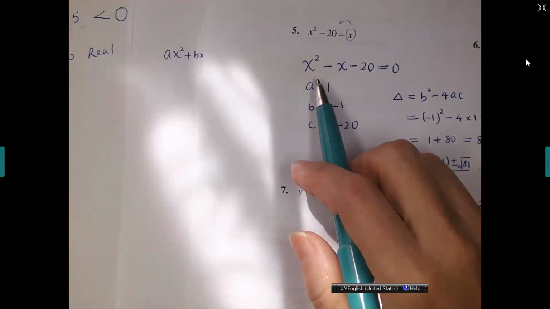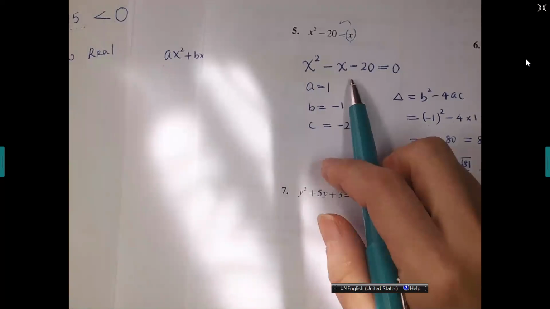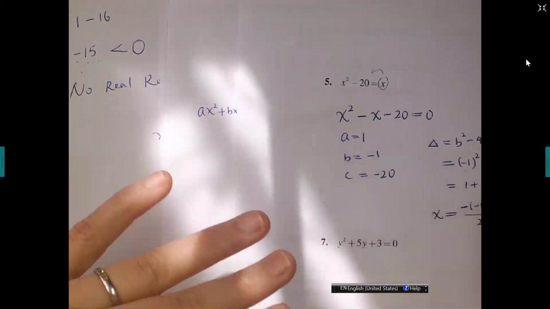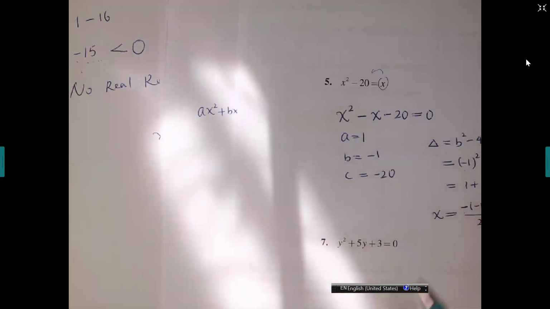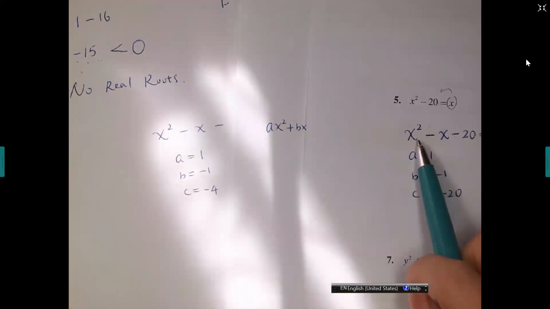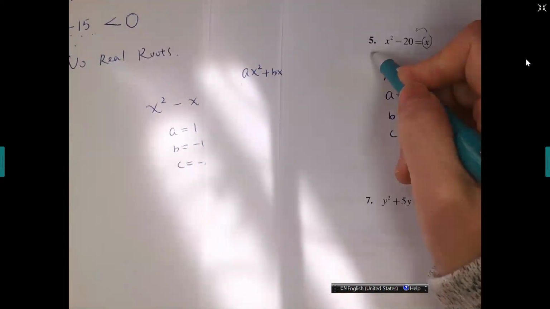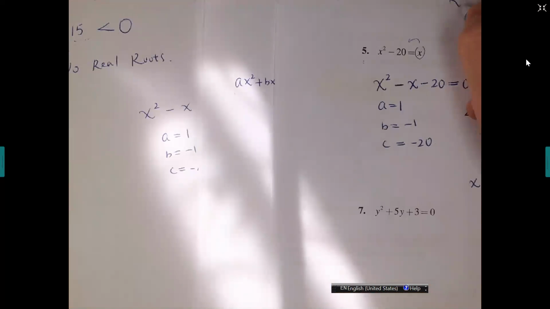So from now on, I have learned many different ways to solve the equation, but I never forget this one. When we are given the equation, let me copy this problem: x squared minus x minus 20 equals 0.